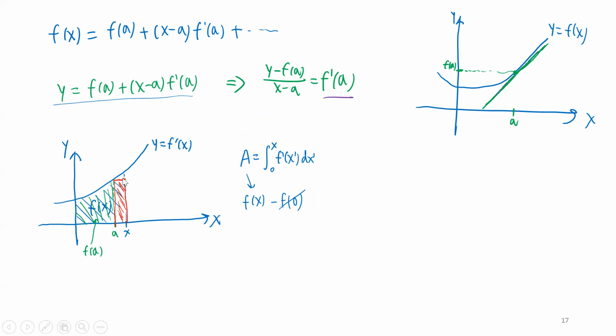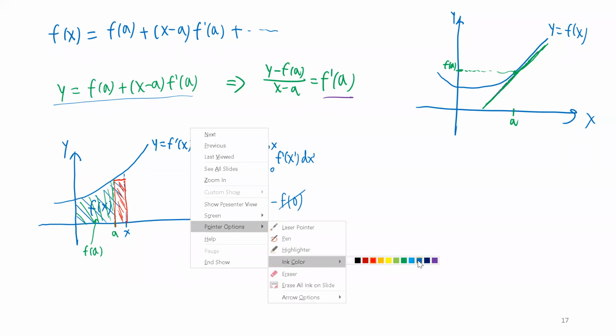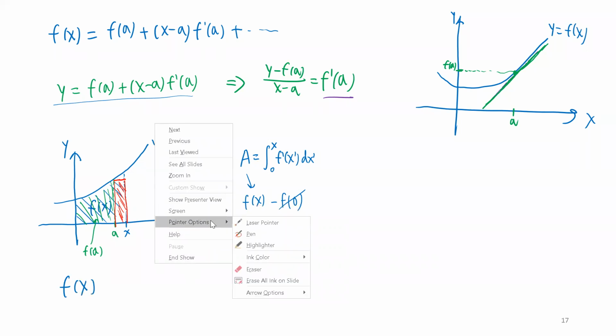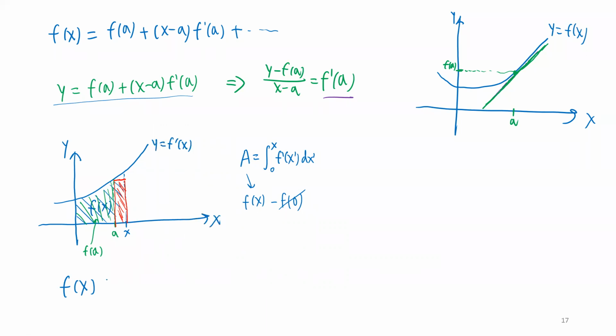We are off by a little bit of residual area over here. But you can see that f of x is approximately equal to f of A plus this rectangular bar area. So what is the rectangular bar area? It's just the base width times the height.